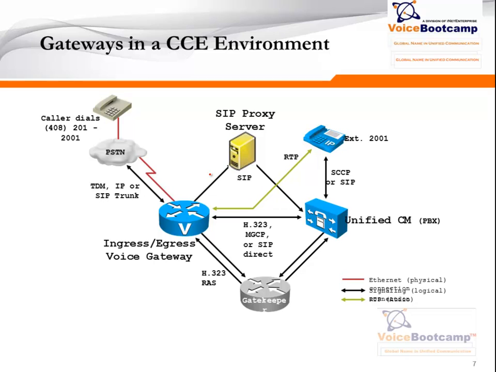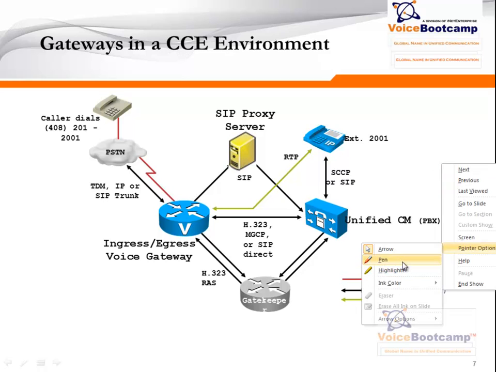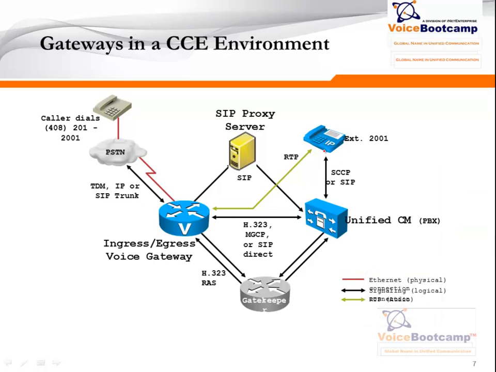Now, gateways, like I said, play a greater role in the Cisco contact center environment. Once the gateway establishes a call through the call manager, the RTP will be between the gateway and the end device itself. But a call from the ingress gateway can reach the endpoint multiple ways.